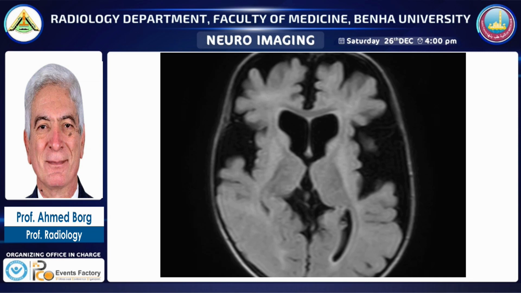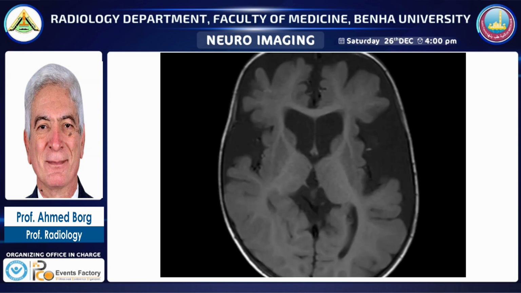Here you can see there is atrophy of the basal ganglia, putamen, and caudate nucleus with hyperintense signal. T1 weighted image.